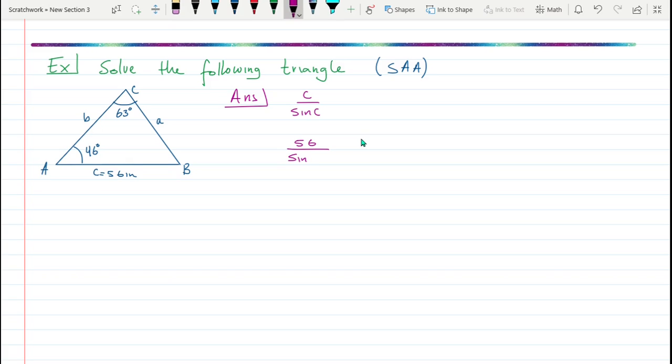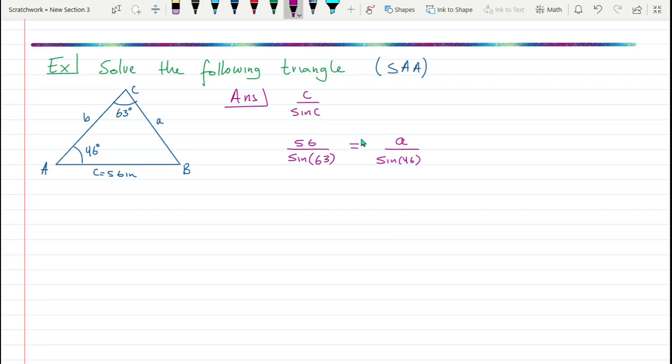Angle C happens to be 63 degrees, and make sure your calculator is in degrees whenever you're trying to solve this type of problem, okay? So this is the relationship that we have.